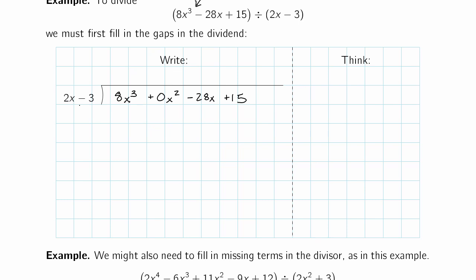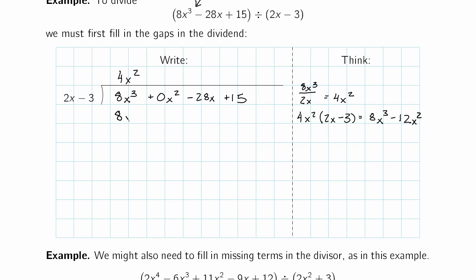We'll divide first. So 8x to the third divided by 2x is 4x squared. 4x squared will be the first term in our quotient. Next we multiply. 4x squared times 2x minus 3 is 8x to the third minus 12x squared.